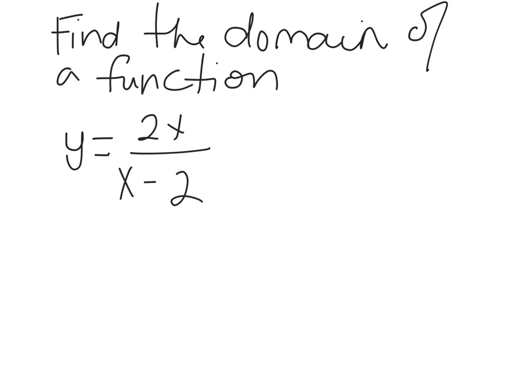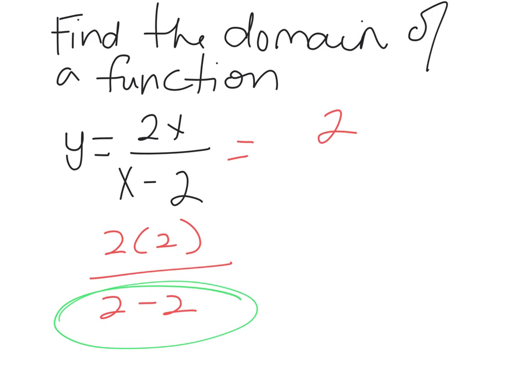So looking at this one, let's take this example. We have y equals 2x over x minus 2. We could go through a whole array of numbers, but let's say we worked our way through 1, 2. We get to 2. We would have 2 times 2 over 2 minus 2.